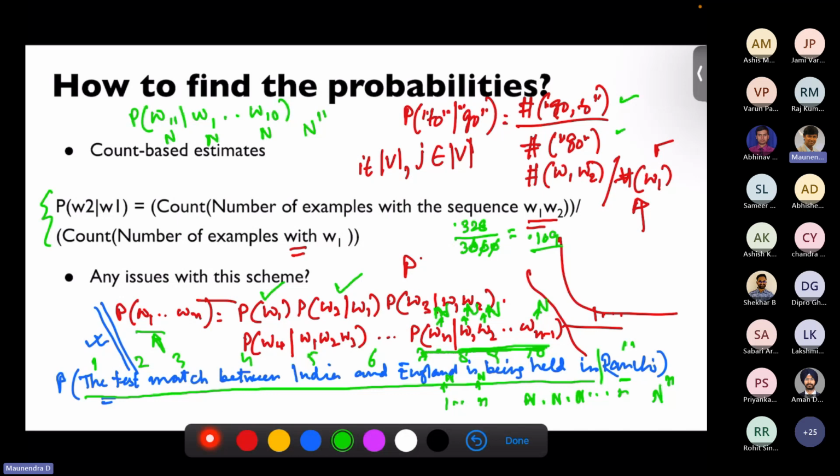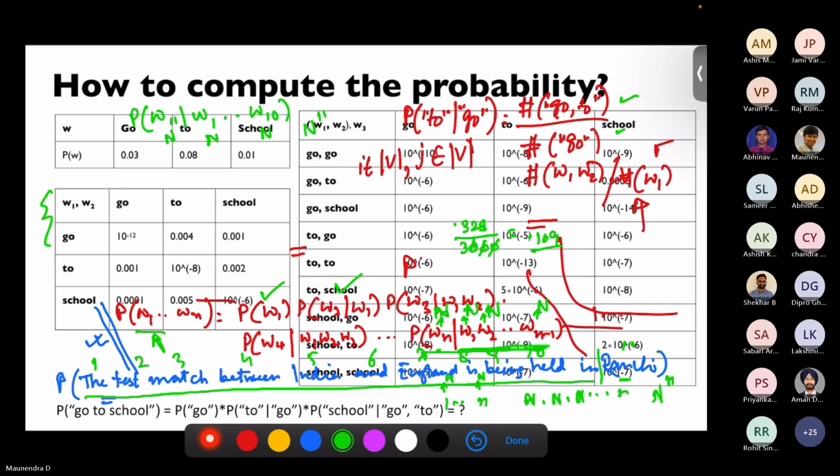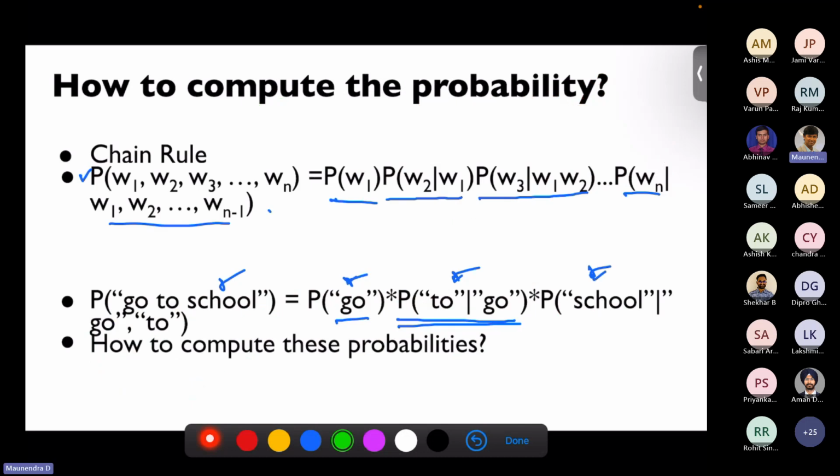So we should not go for a full factorization like this. We should decide that this entire thing we can approximate as P(W1) into P(W2 given W1), or maybe P(W3 given W1, W2).